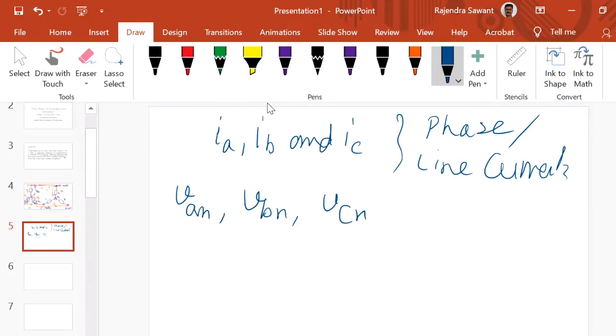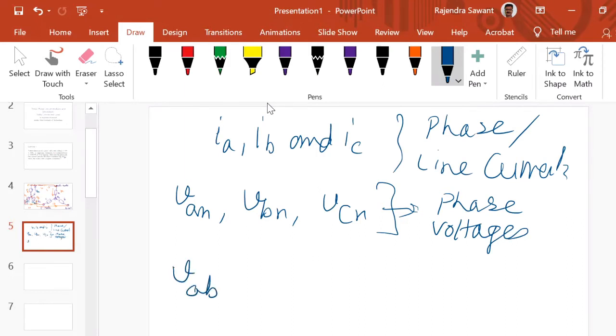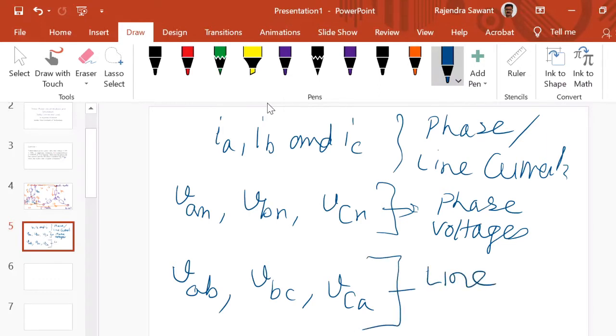They are VAN, VBN, VCN. So these instantaneous phase voltages are called the phase voltages. And we have a system of line voltages VAB, VBC, and VCA. These are all instantaneous values, and they are called a system of line voltages.